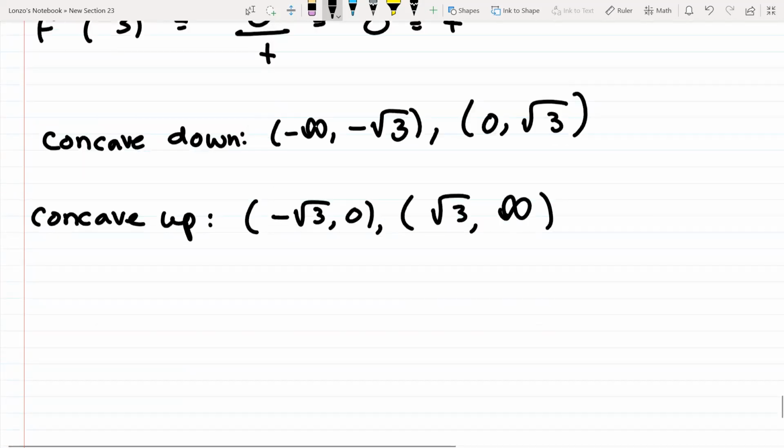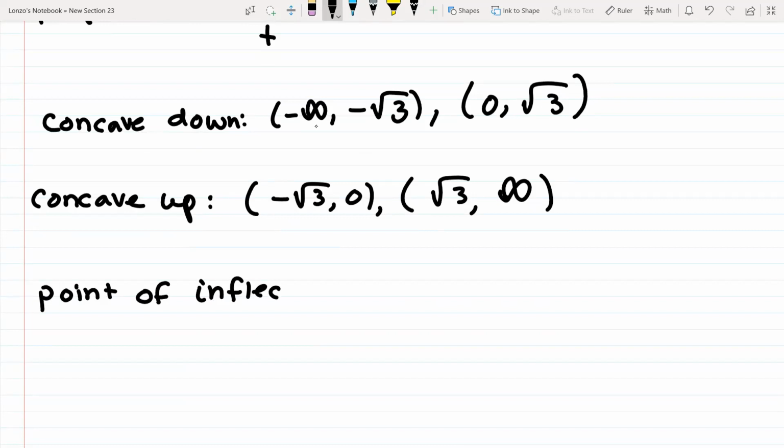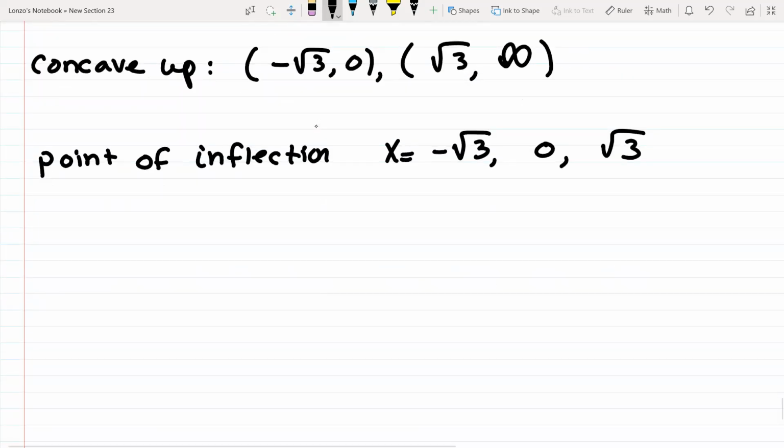And then you do have a points of inflection at 3 x values, right? One is at negative radical 3, 0, and then radical 3. To find the y value, you do got to put it back into the original equation.